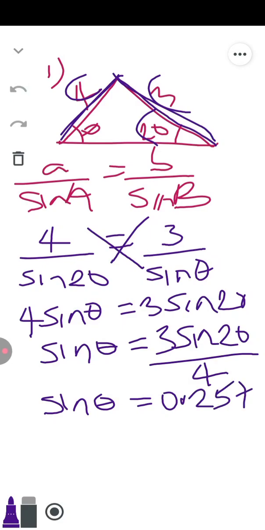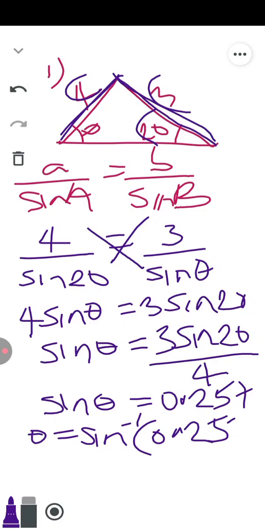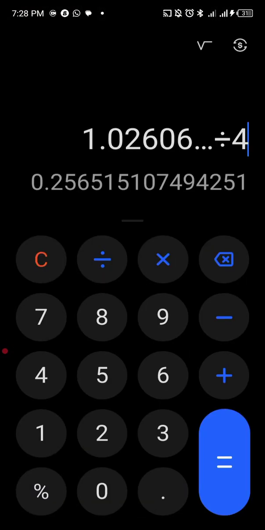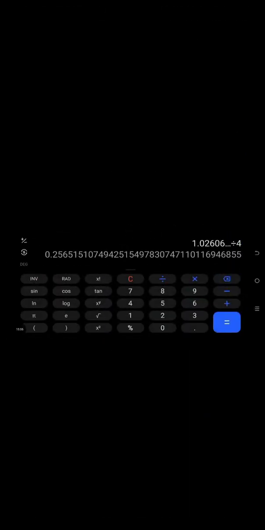Sine theta will be equal to sine inverse of 0.257. Is that okay? So theta will be equal to sine inverse of 0.257.